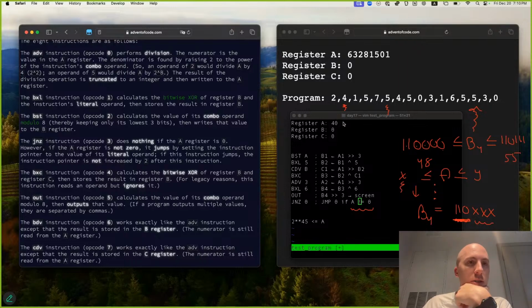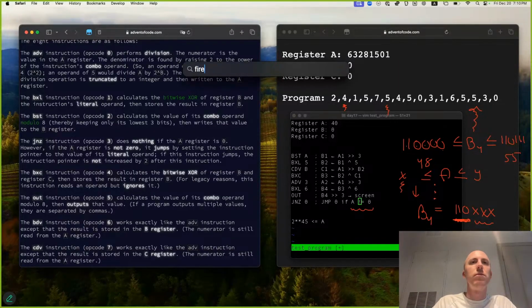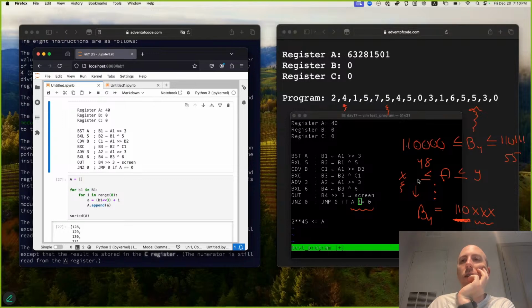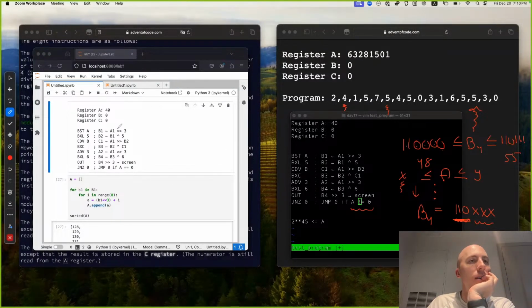So maybe this is where C is going to come in. So it's basically like, A starts off as 128 and it gets crunched down. B does this.